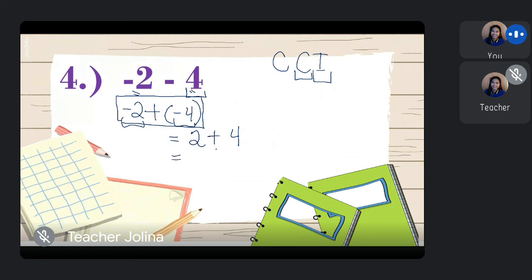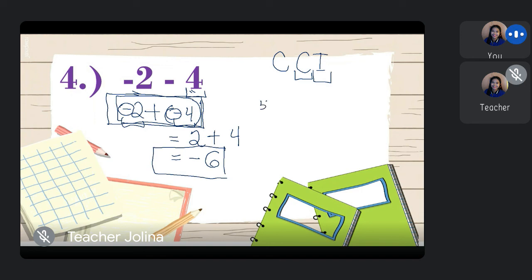So, we have 2 plus 4, we have 6. What will be the sign of the final answer? Balikan nyo lang yung ating original number. Parehas po silang negative ang sign. That's why yung ating final answer ay negative din ang sign. And that will be the final answer. We have negative 6.